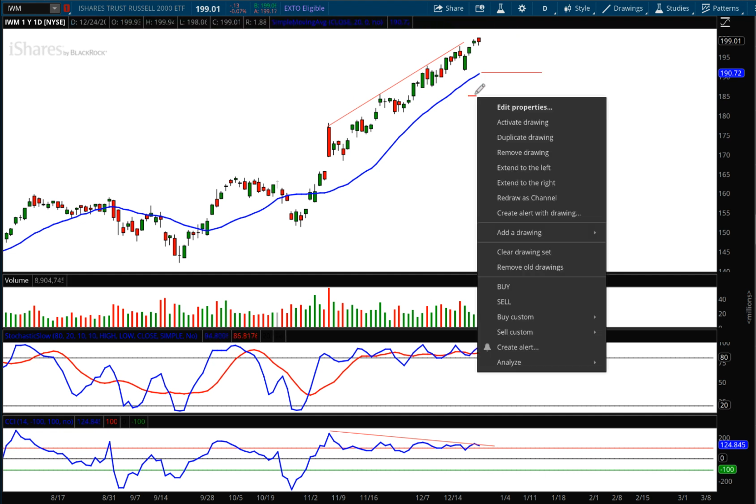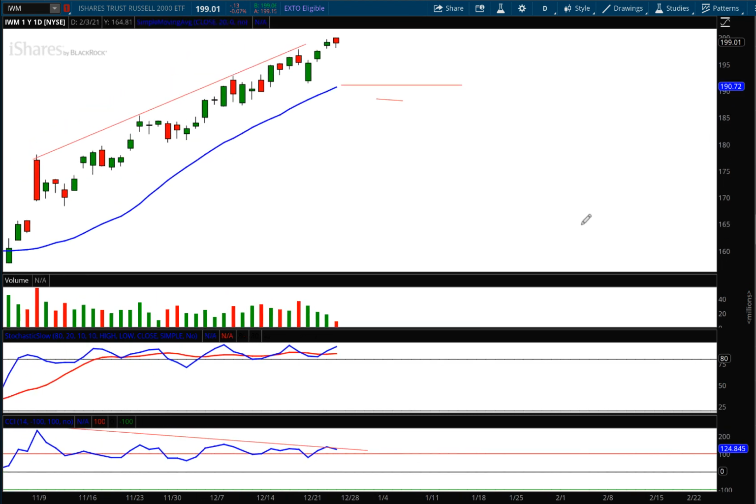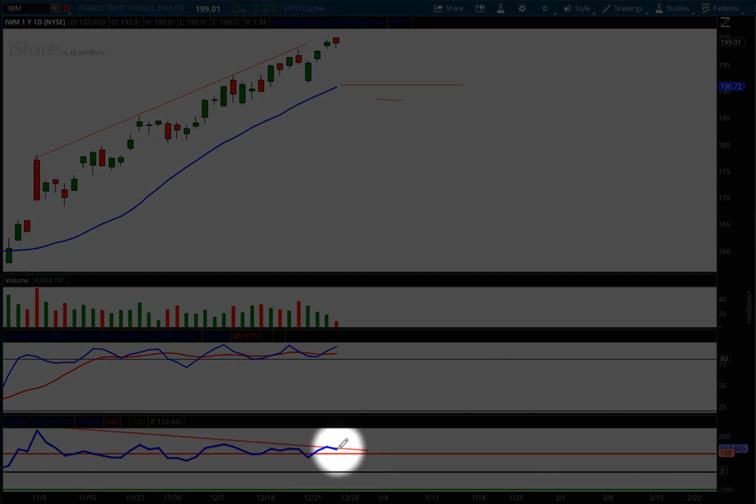And I would also suggest, just like on your individual stocks, to move that stop up with the market as it goes higher. Because look here, we're still seeing higher highs. You see that? Let me zoom in just a little bit so you can see this. Price action is still going higher, but look, we have a negative divergence in the CCI.